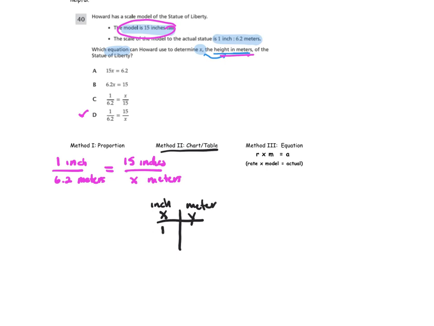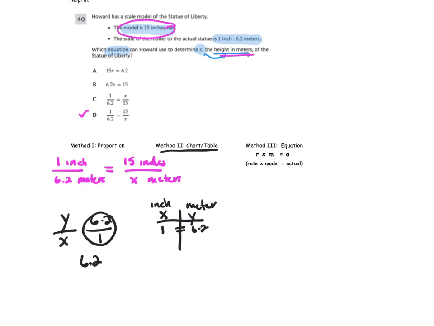They've given me a scale of 1 inch, and that equals 6.2 meters. So I'm going to use that to find the scale factor. And if you recall, scale factor is basically a unit rate. I have to take my y value, which in this case is 6 2/10, divided by my x value. So this gives me my scale factor, and my scale factor then is 6.2. So I'm using this 6.2.